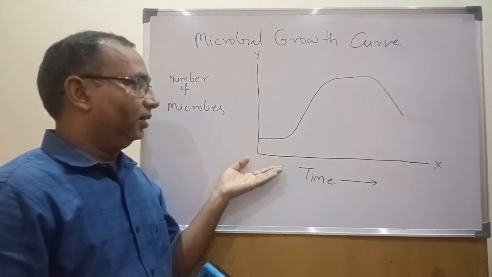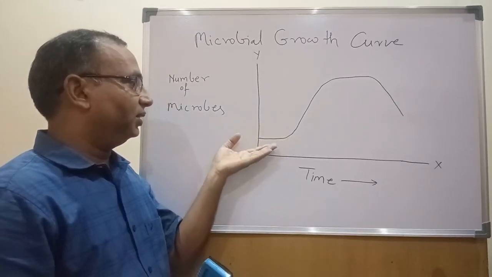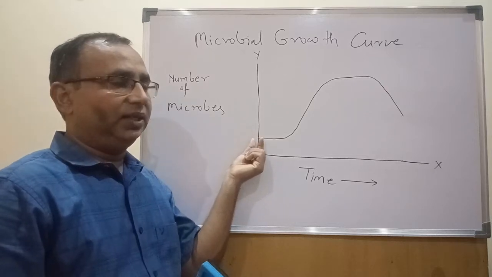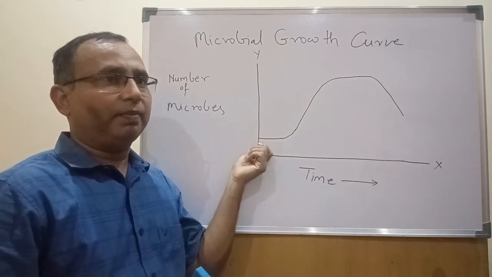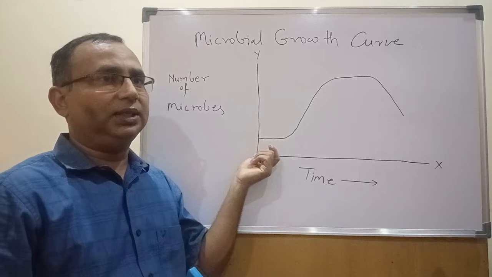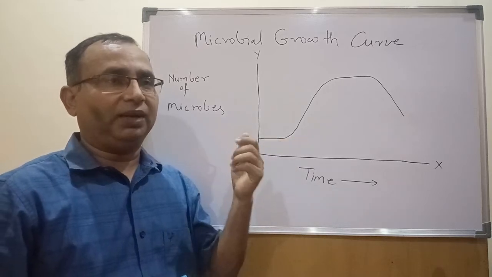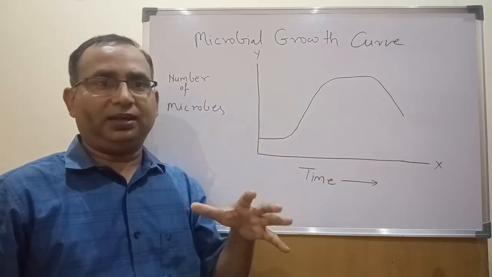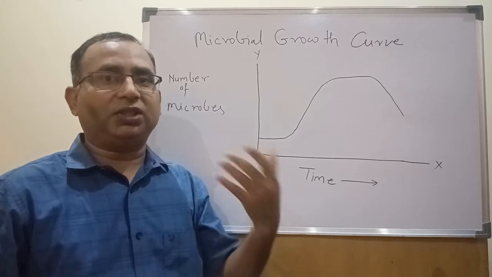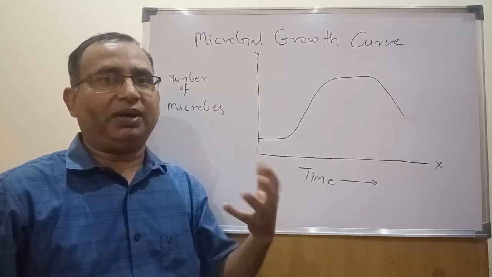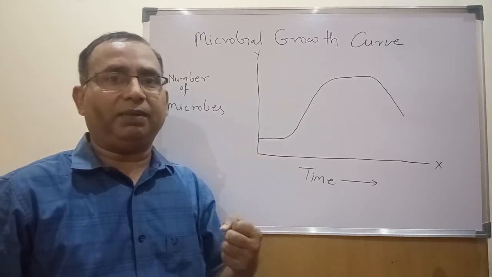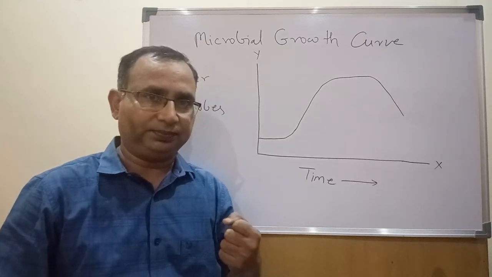So here we are looking at this graph, and we can say that initially a fixed number of microbes have been incorporated inside the suitable nutrient medium, and we have provided all the suitable atmospheric conditions required for proper growth and development of microorganisms.